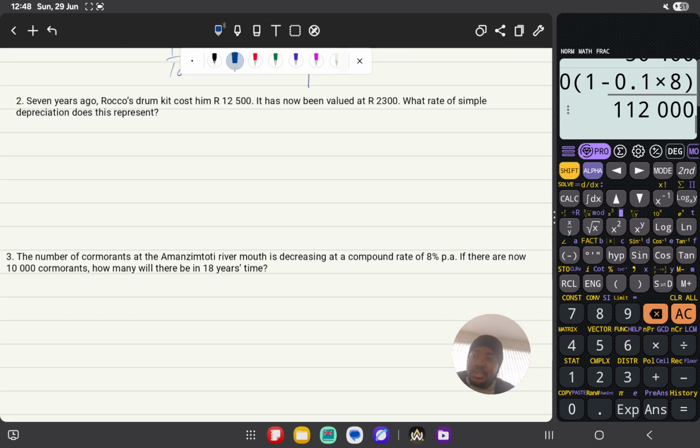Okay, 7 years ago, Rocco's drum kit cost him 12,500, and now it's valued at 2,300. What is the rate of simple depreciation?